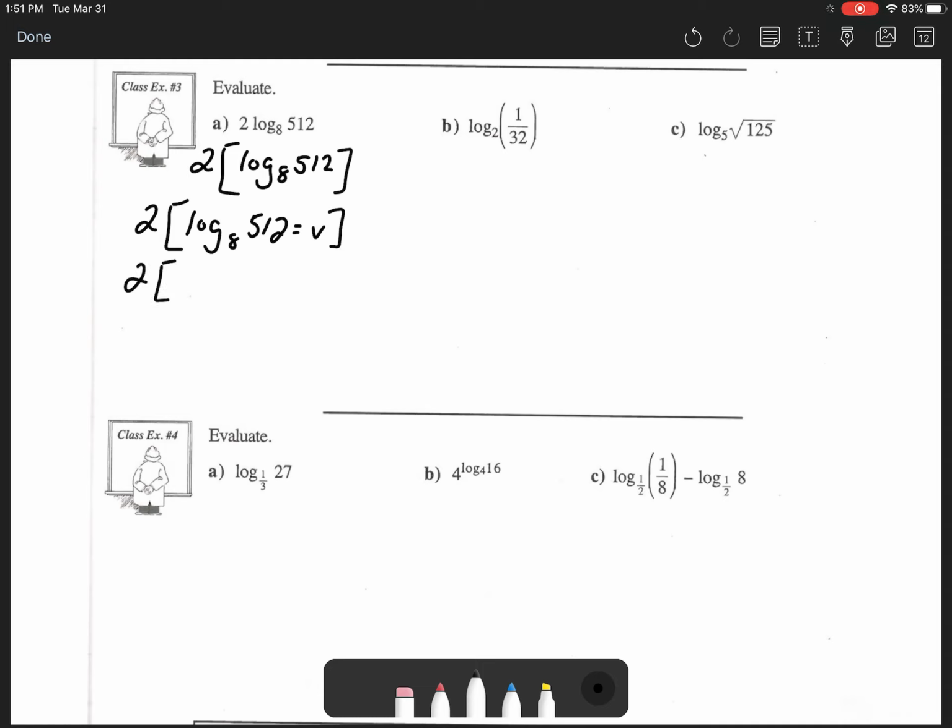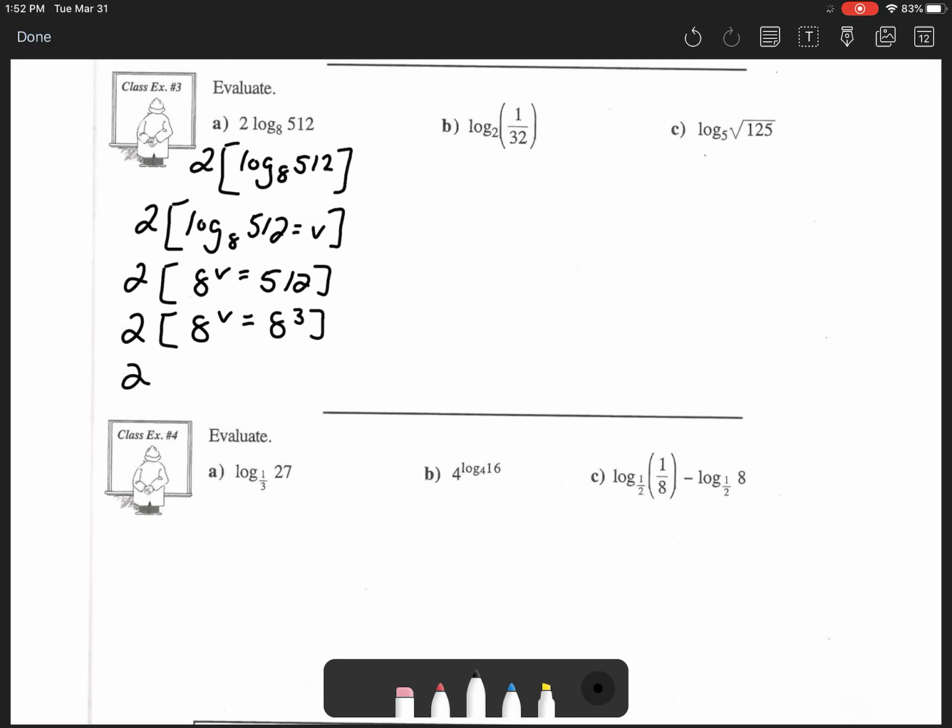So this will be 2, and then log base 8 of, oops, I should go like this, actually, guys, convert it to exponential form first, okay? So this will be 2 times, and now I can go 8 to the exponent of v equals 512. So 8 to the exponent of v will be 8 cubed, gives me 512.